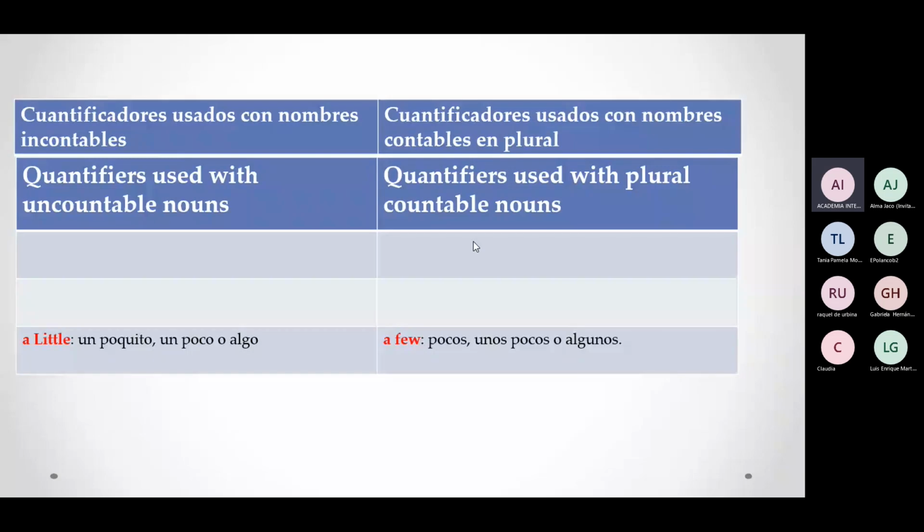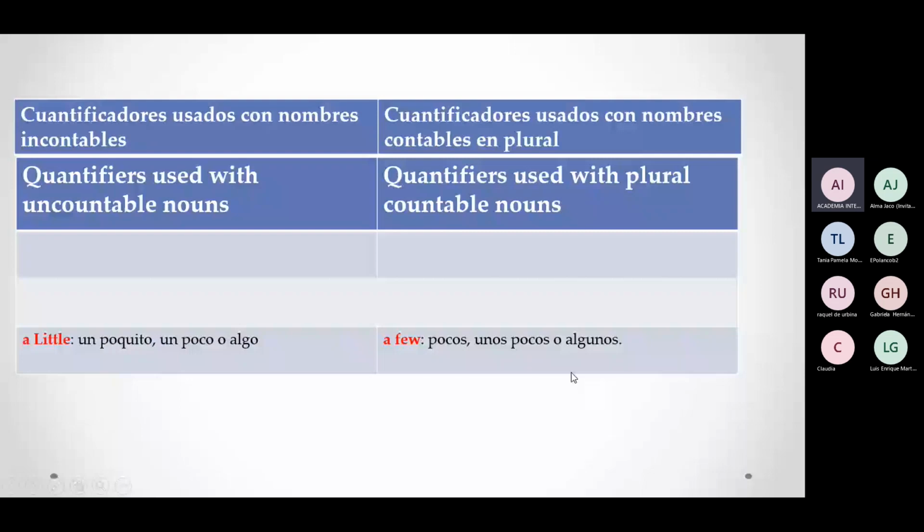And a few, it's like pocos, unos pocos o algunos. And if you pay attention, we are using a letter S at the end of these words because they are used in plural. That's the main difference. A little is used with uncountable nouns and a few is used with countable nouns.